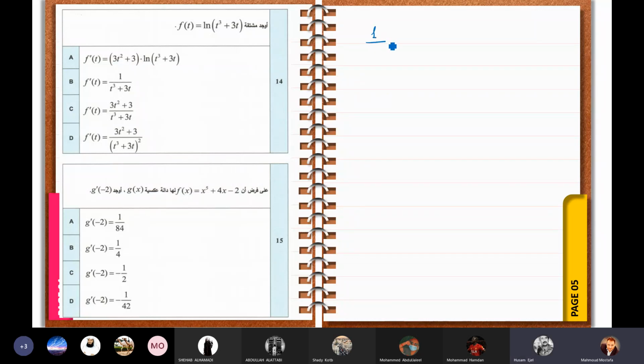The derivative of ln is 1 over the function, which is t cubed plus 3t, multiplied by the derivative, which is 3t squared plus 3. So the answer is 3t squared plus 3 over t cubed plus 3t.